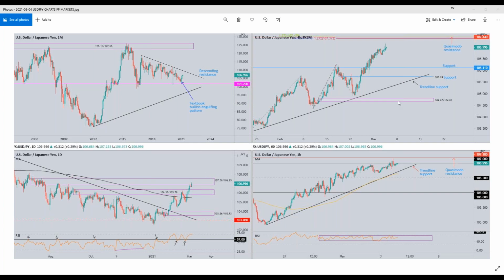On the H4 scale, we can see buyers are clearly still at the wheel. There's no clear resistance, and this perhaps swings the pendulum towards a fib resistance cluster between 107.47 and 107.37. This zone is complemented by a Quasimodo resistance, which I will show you once we move to the charts.